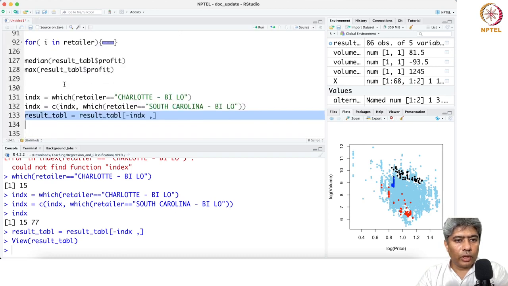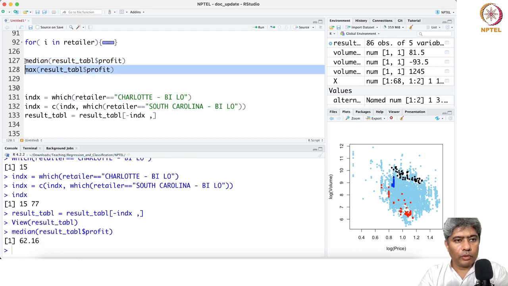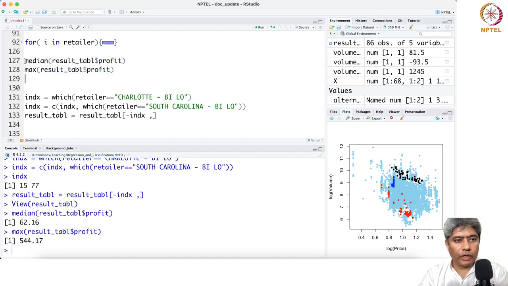Now what is happening is, I now compute the median profit, the max profit, and the sum of the result table dollar profit.